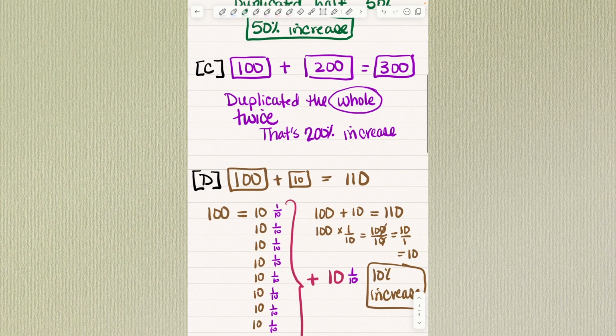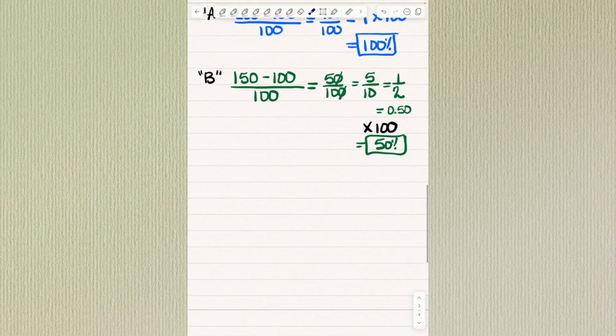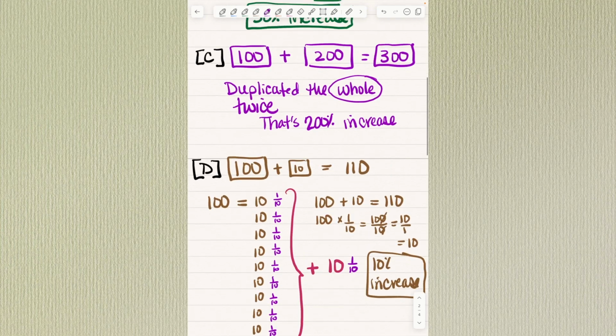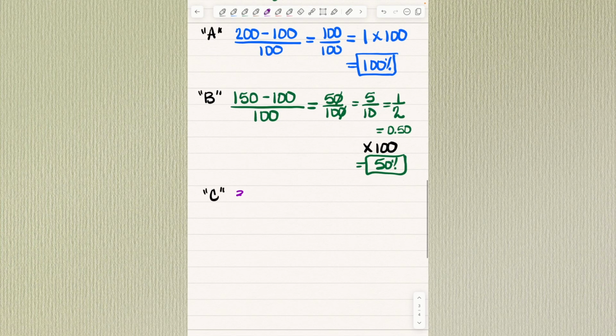Now look at C. This is our new value. This is our old value. Okay, so let's look at C. So we have 300. I did that in purple. Okay, 300 minus 100 divided by 100.